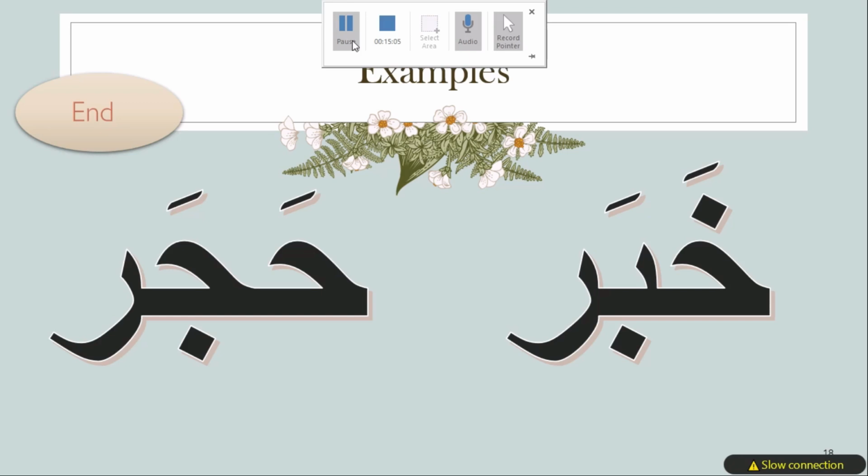As you see, it's connected to the letter after it, which has one dot below, so this is ba. Both of them have fatha above, so it's kha, ba, r. Khabar. Khabar means news.